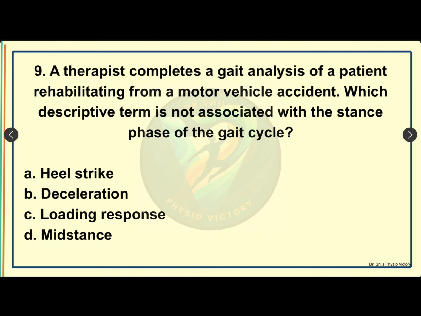So the options are option A heel strike, option B deceleration, option C loading response, and option D mid stance. Here the correct answer is option B deceleration. Deceleration is the term associated with the swing phase.